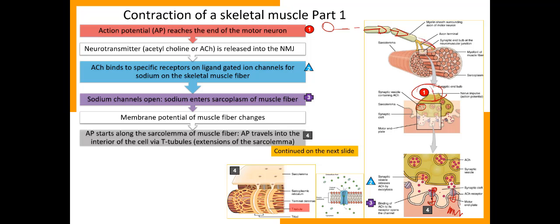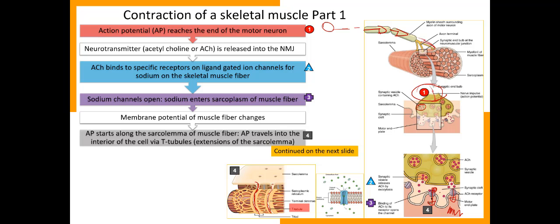And then the action potential travels into the inside of the muscle cell through the T tubules. T stands for transverse tubules.